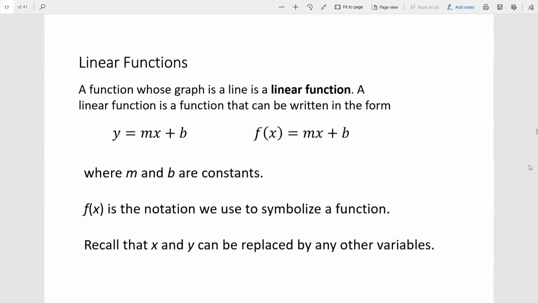A linear function is a function whose graph is a line, just a straight line. A linear function is a function that can be written in the form y equal mx plus b. And in functional form, you would say f of x equal mx plus b.